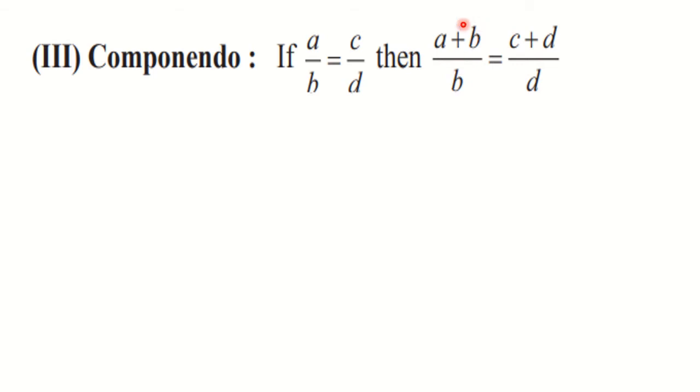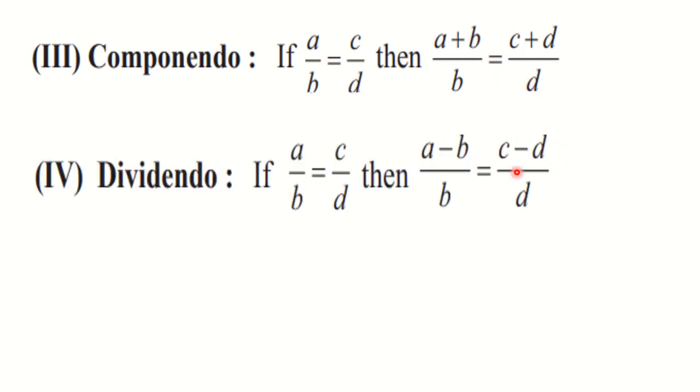In the numerator we are adding the denominator on both the sides. Whatever operation we are doing on the left hand side, we have to do on the right hand side. So componendo stands for addition. Adding the denominator to the numerator, in the numerator. This is called componendo.